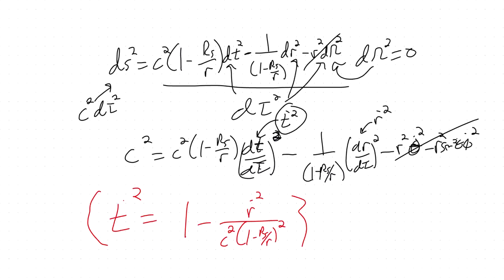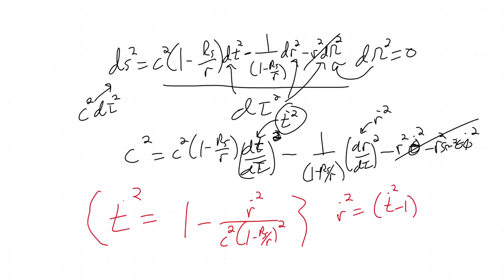Now, if we solve for r dot squared, which actually might have been a better idea, r dot squared equals t dot squared minus 1. I thought that was interesting, but I actually think this is more useful.